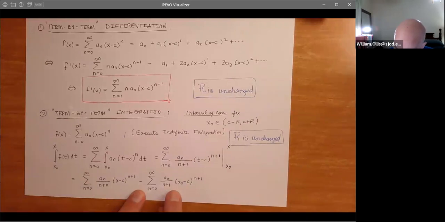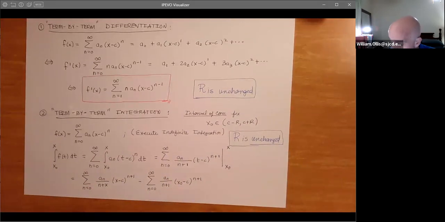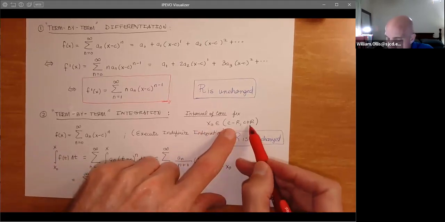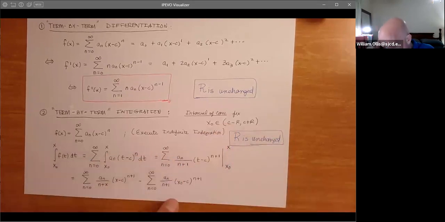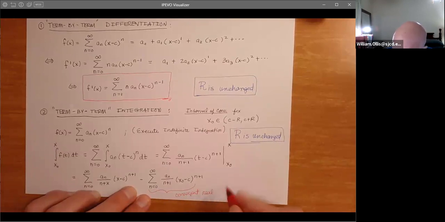Now, what we can see here is that this, again, is a convergent series. Of course, when I wrote this, you knew that this had to be the case because I wrote this. The idea is that this is a convergent real series by hypothesis.